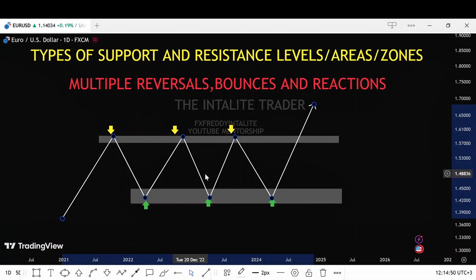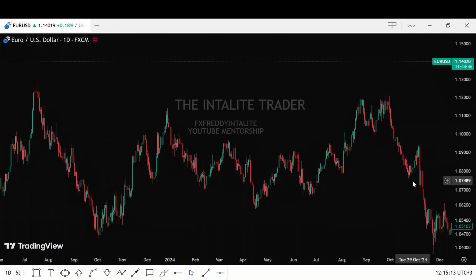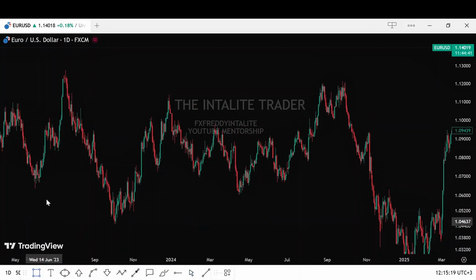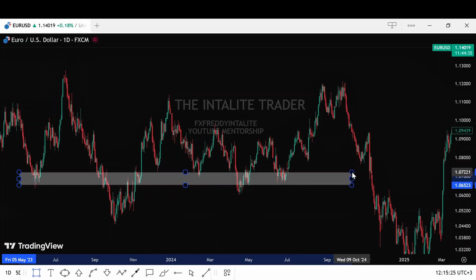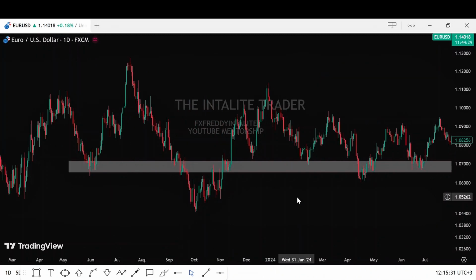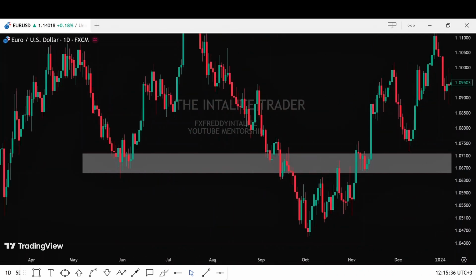So these many times of how price reacts to the level are the ones we call multiple reversals, bounces, and reactions. On the charts, we have these levels here. If we draw this one, in the past, you see price was here.